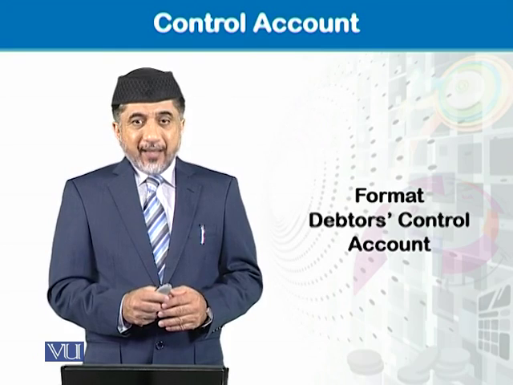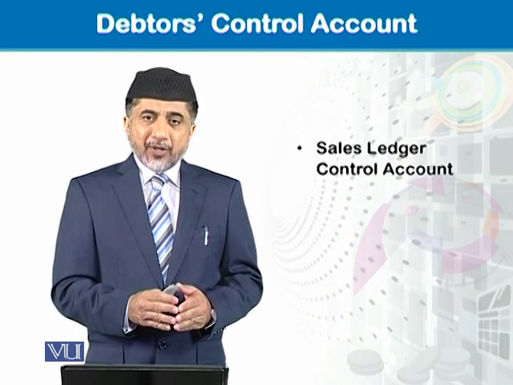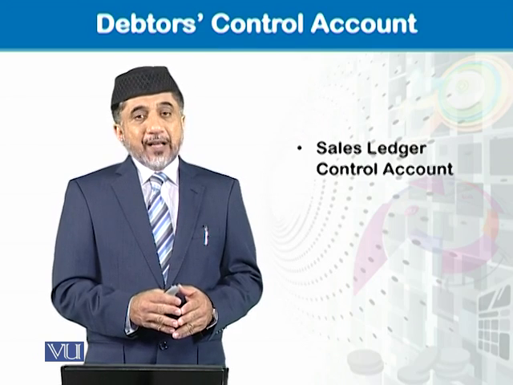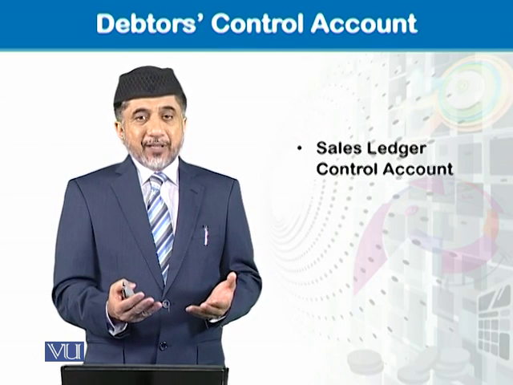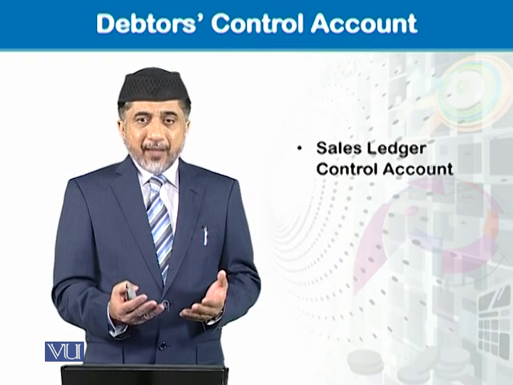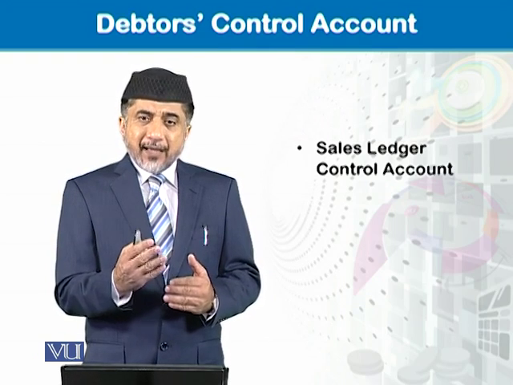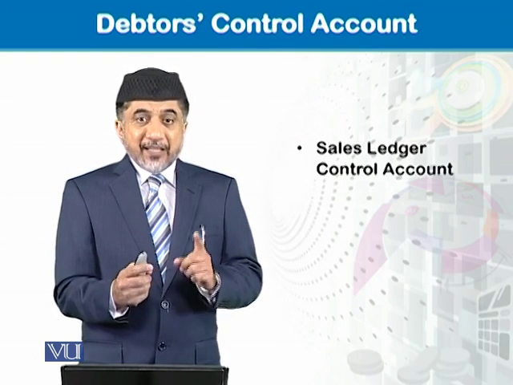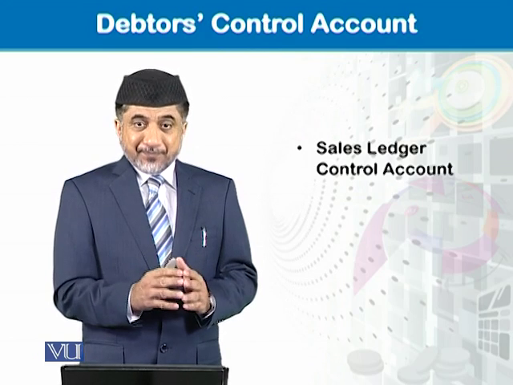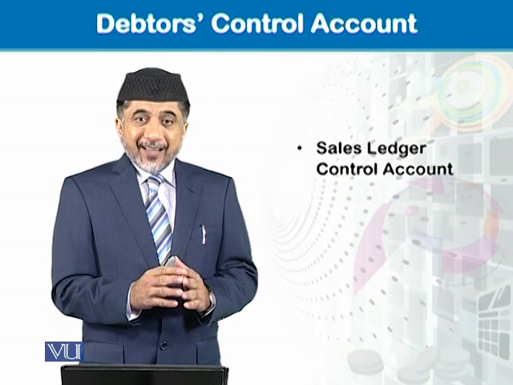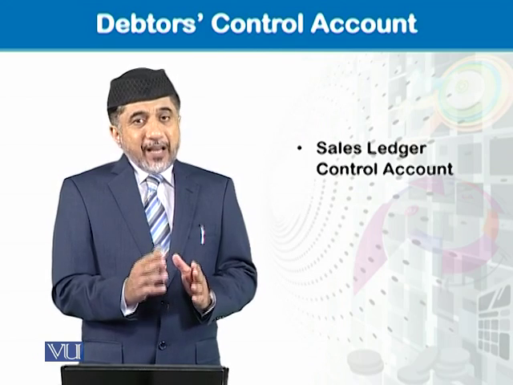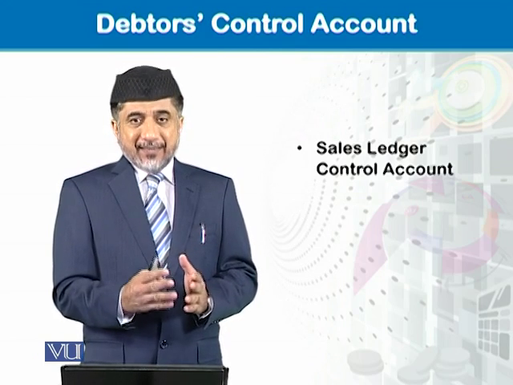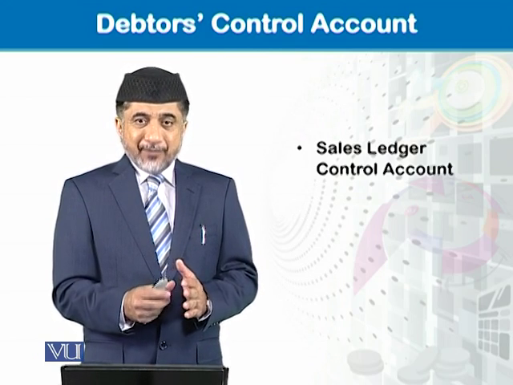account. There are so many names that we can give to this debtors control account, which is also known as sales ledger control account. Why? Because these debtors are in fact created because of credit sales. Therefore, we name it as sales ledger control account.